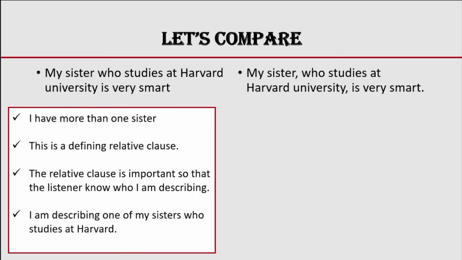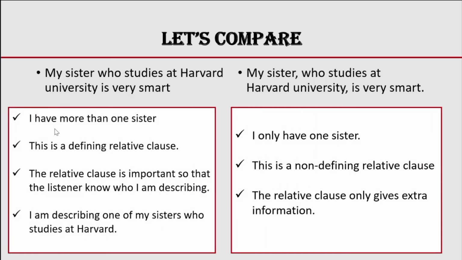Let's look at the difference. Here, it says that I have more than one sister. My sister who studies at Harvard University is very smart. So I have more than one sister. This is the defining relative clause. And the relative clause is important so that the listener knows who I am describing.